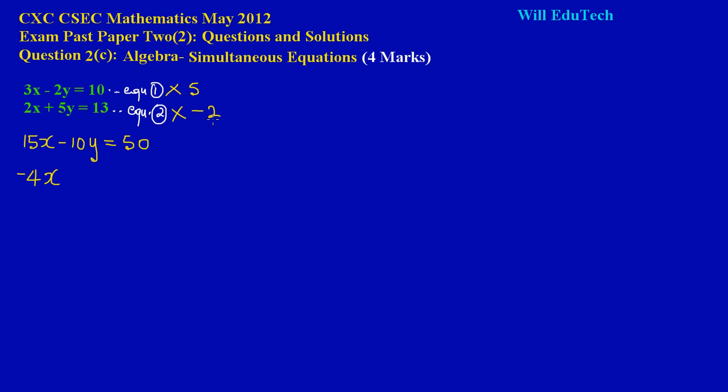And then I have negative 2 multiplying a positive 5y, so I will get a negative 10y. And that is equal to 13 times negative 2, which will give me a negative 26.